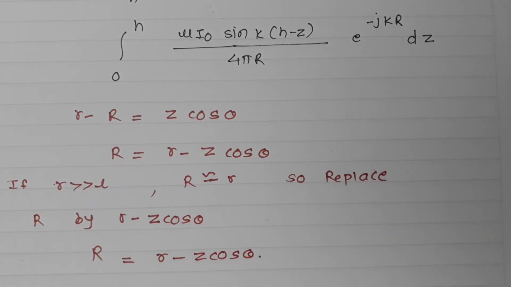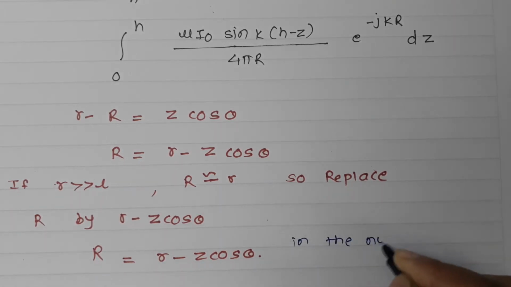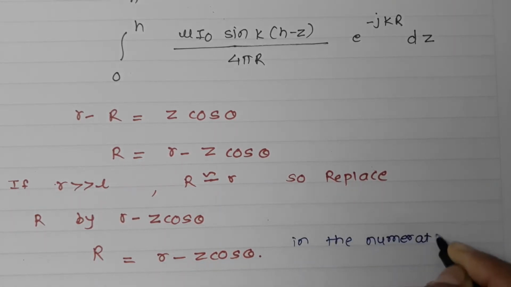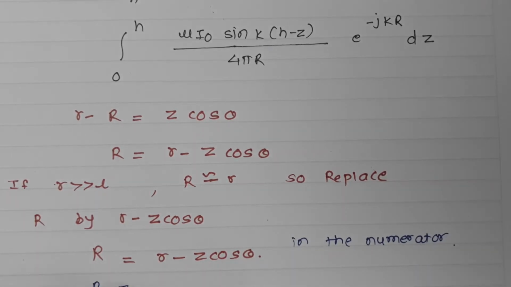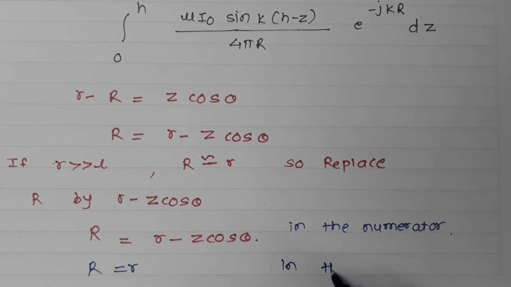So in the numerator I have replaced these things, r' is equal to r minus z cos theta, and in the denominator r' is equal to r. So in the denominator, these things I have done over there.